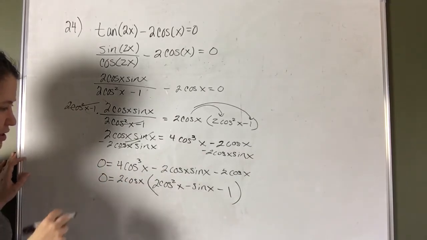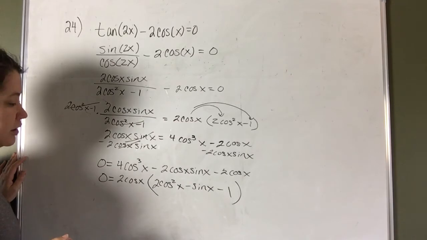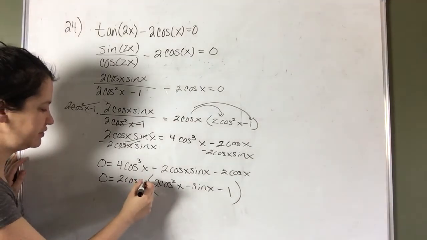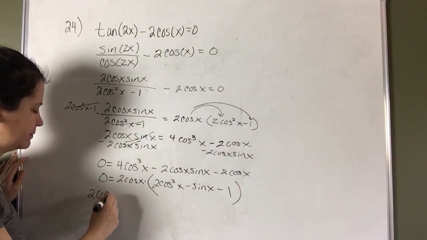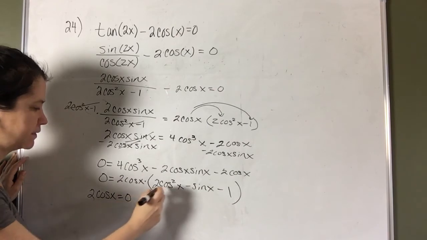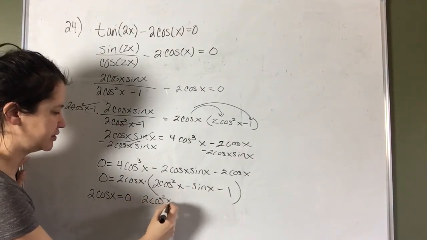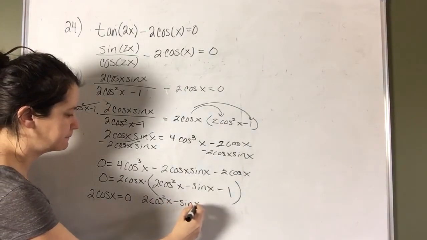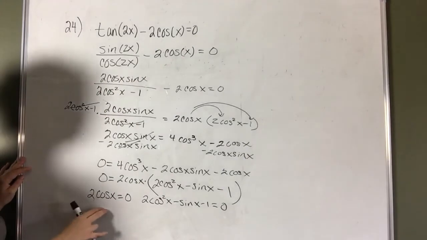Alrighty, so here we are. At this point, with it being factored and set equal to 0, we can separately set each factor equal to 0. So we have a really simple equation to solve here.